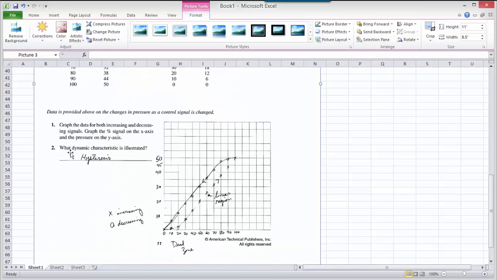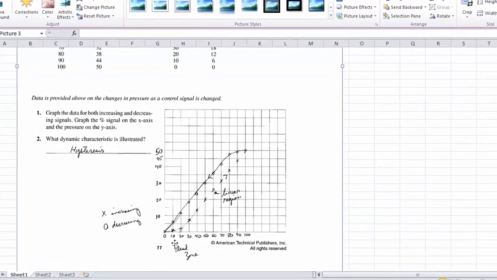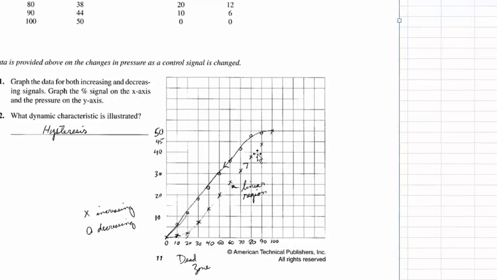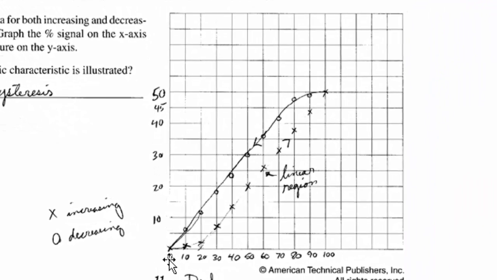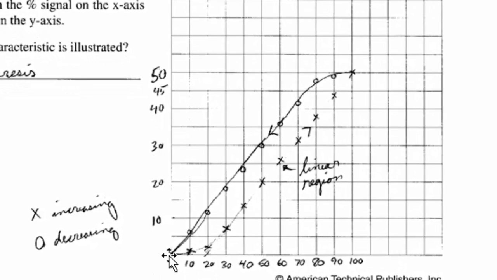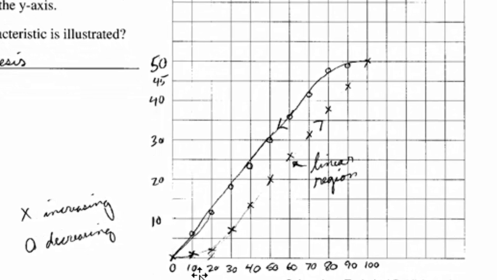Now, as you can see, I've actually plotted the data by hand. So we've got increasing shown as X's, and decreasing shown as circles. Now, with scientific or engineering data, what you always want to do is show your data as points and show your interpretation as lines.